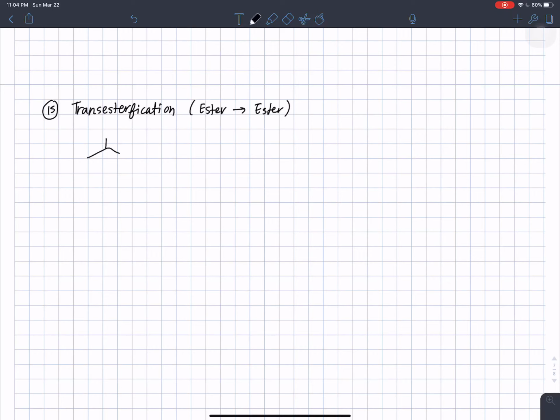So let's say I had this ester and I want to turn it into one with ethyl or something. Well, you just need that alcohol with acid and you'll turn it into that. It's really straightforward. Nothing to worry about on this one. And that would be your side product.